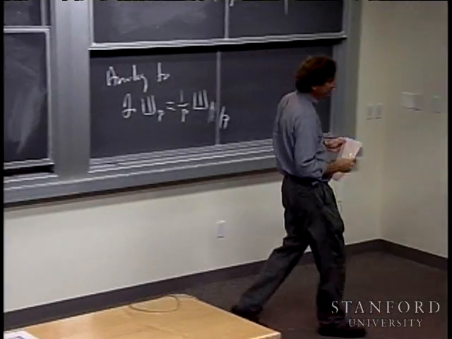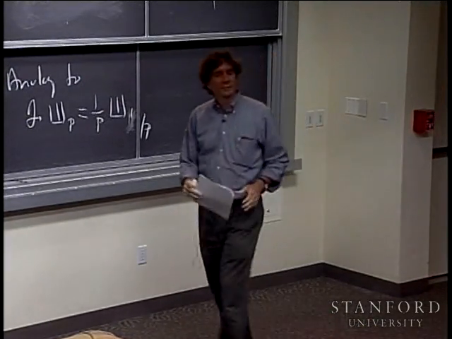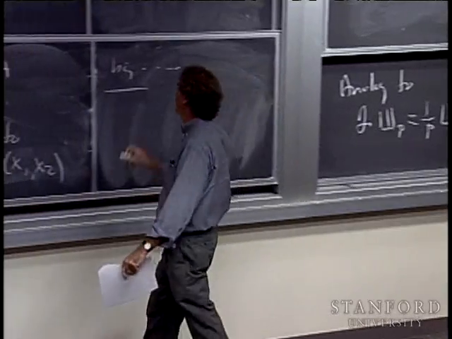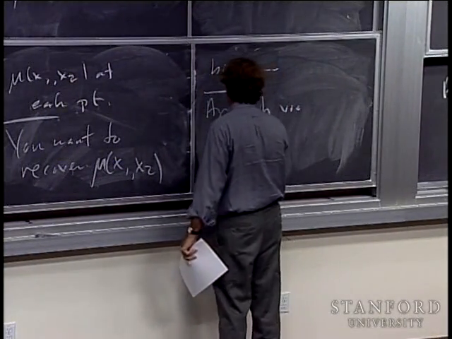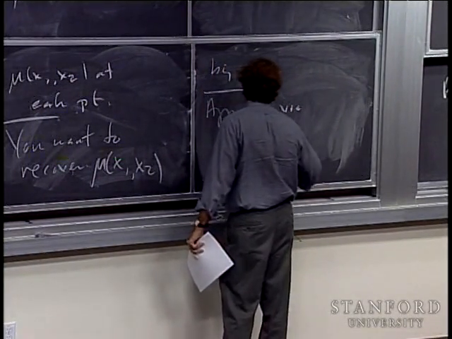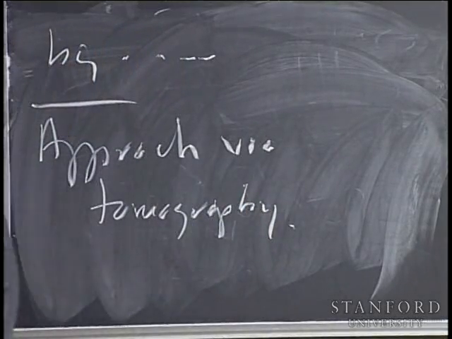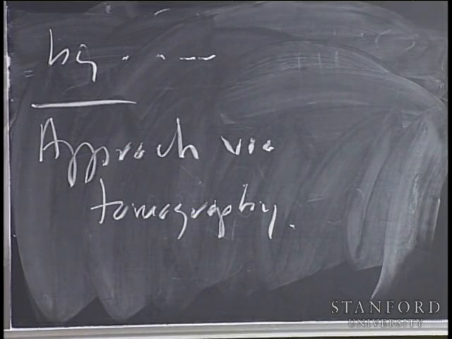Okay, now, here's how it's done in tomography. The approach to tomography is the following. Tomography means, if I get this right, I forgot to look it up to get the precise meaning, I think it means section. So the idea is you're taking sections, and particularly what I'm going to do is take a one-dimensional section. That is to say, I'm going to pass a line through this region.